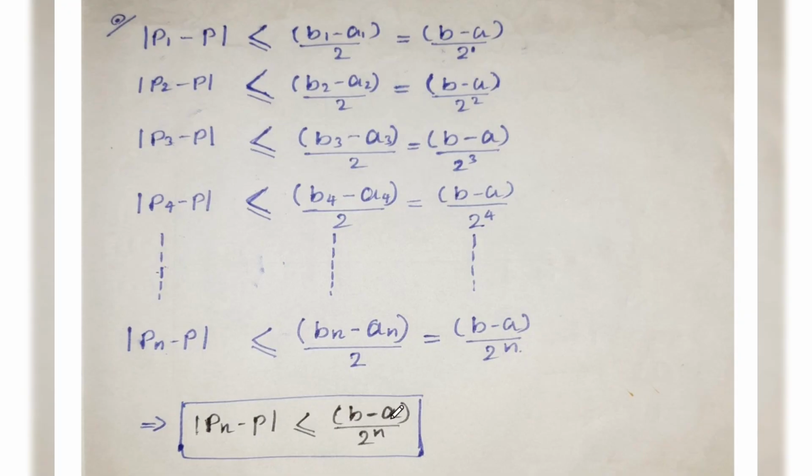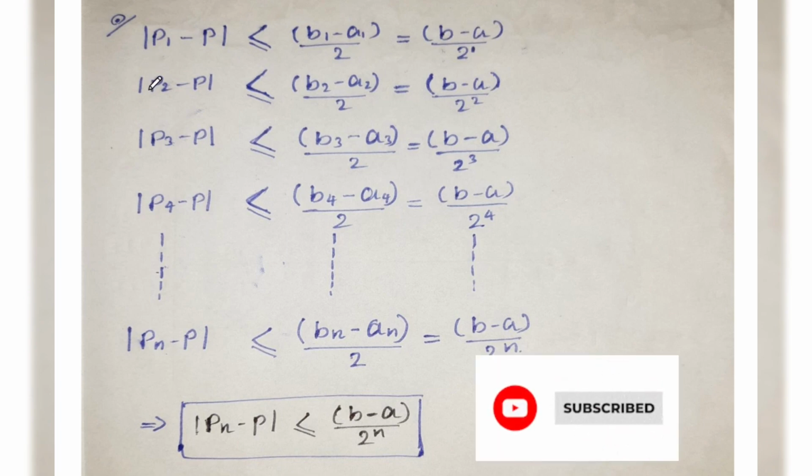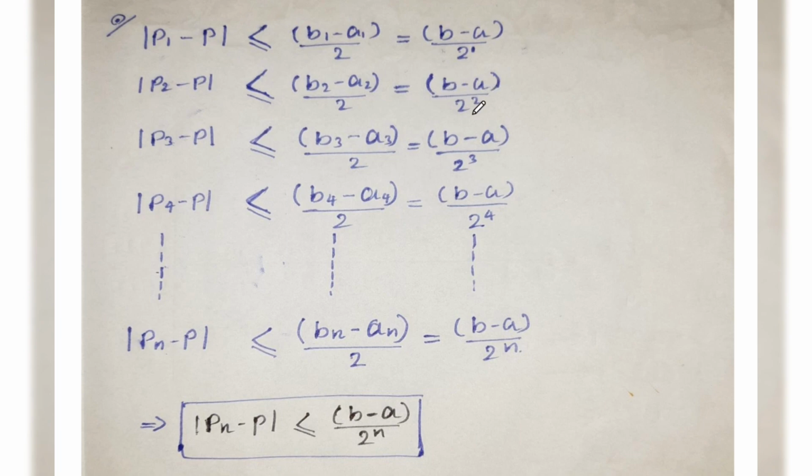Therefore, now we have a sequence: p1, p2, p3, p4. The absolute value of p1 minus p is less than or equal to (b - a) over 2 to the power 1. p2 minus p is less than or equal to (b - a) over 2 to the power 2. For p3 we have 2 to the power 3, and for p4 we have 2 to the power 4.